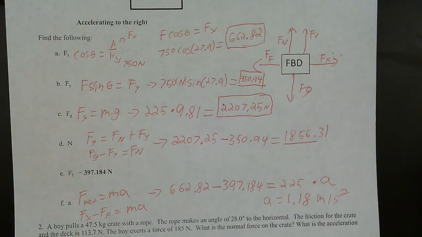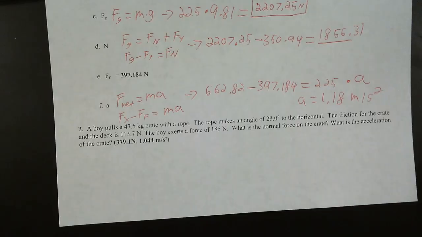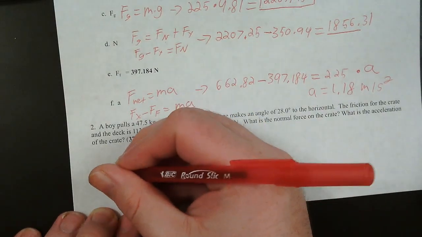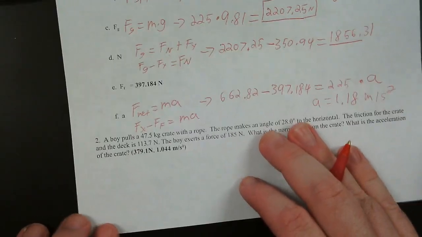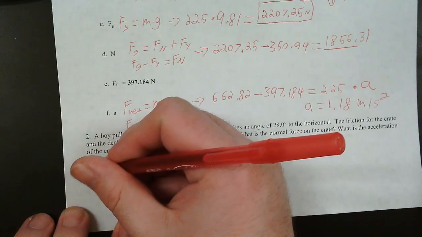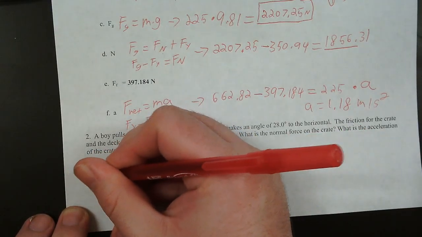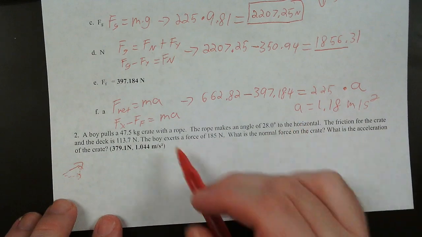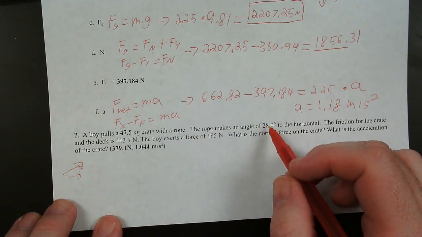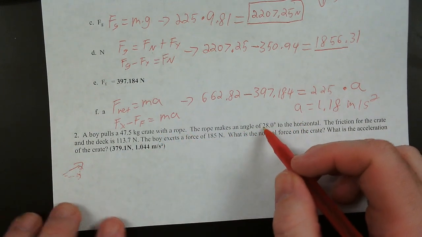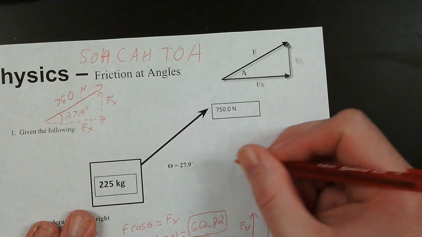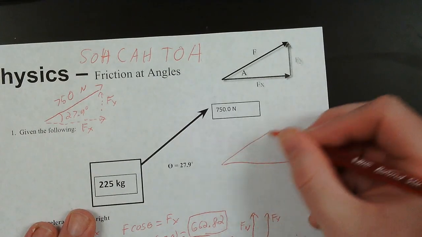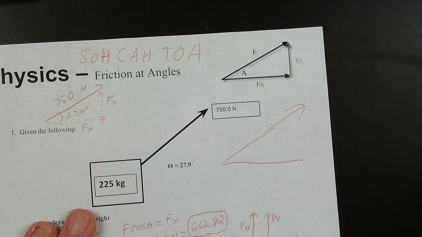Just like I would do here, I don't have a free body diagram yet, so I'm going to make one. We're going to speed run this real quick. I have a force at an angle here. How do I know it's going up? Because that is a positive angle, an angle to the horizontal.